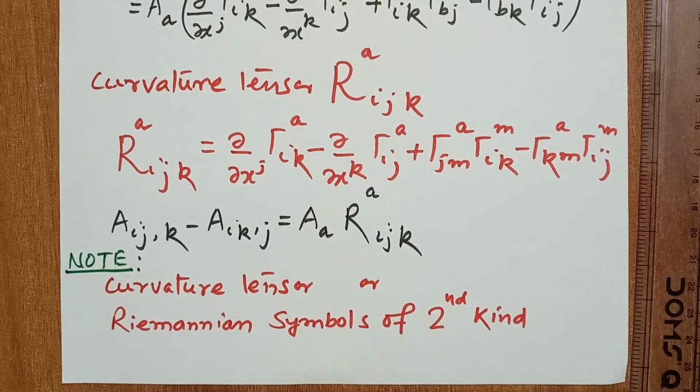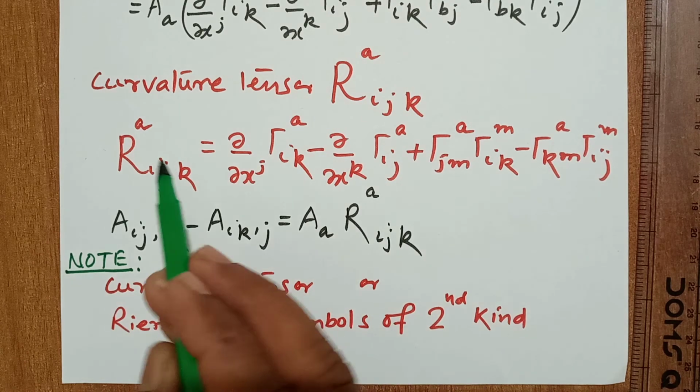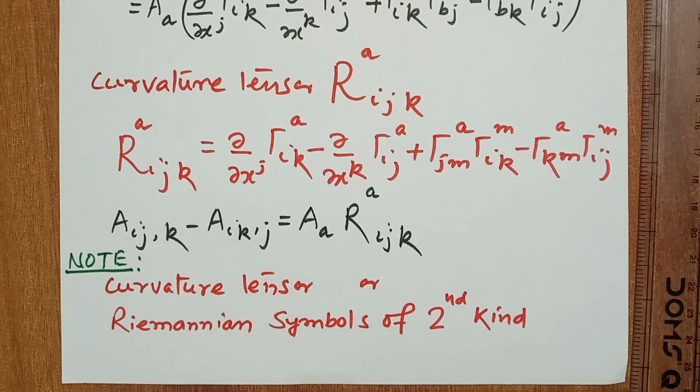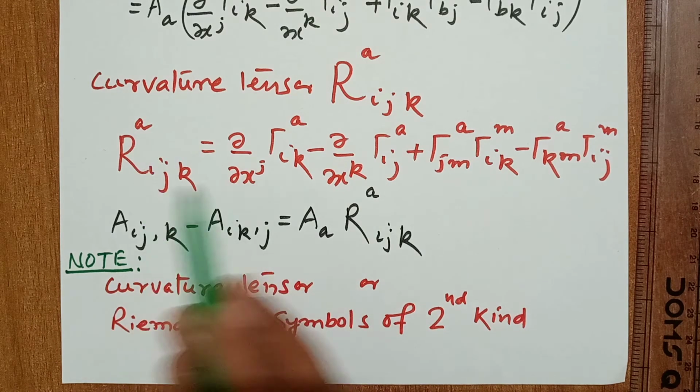This is an important remark: the curvature tensor can also be written as Riemannian symbols of second kind, R^a_{ijk}. We will explain in the next lecture Riemannian symbols of first kind, which will be a 0-4 type tensor.